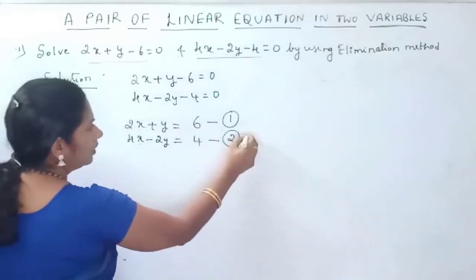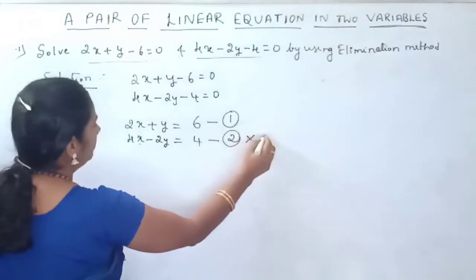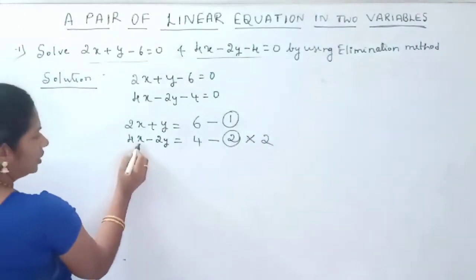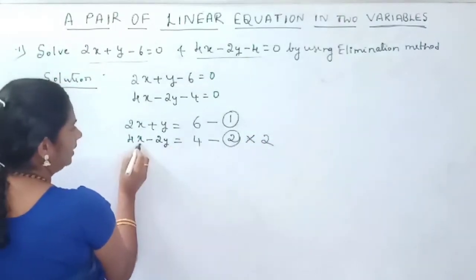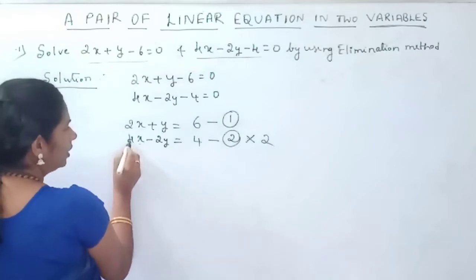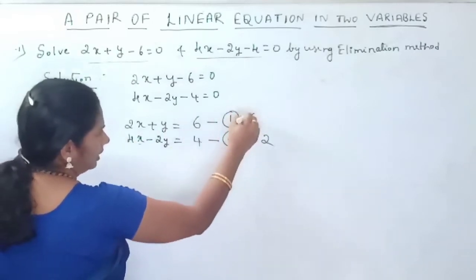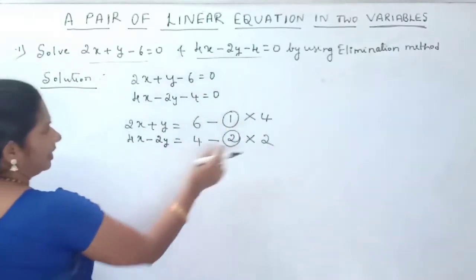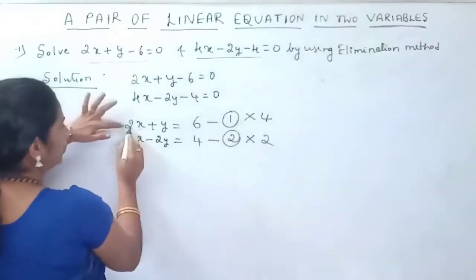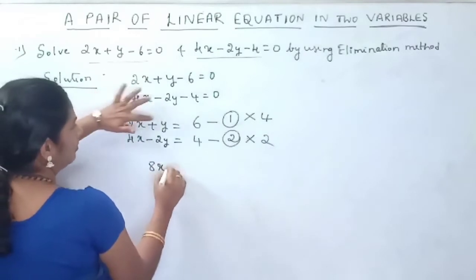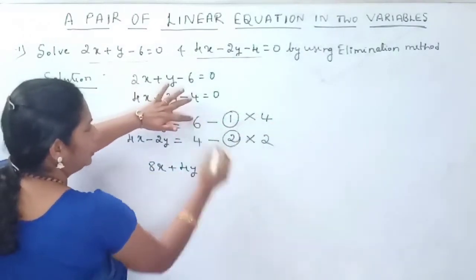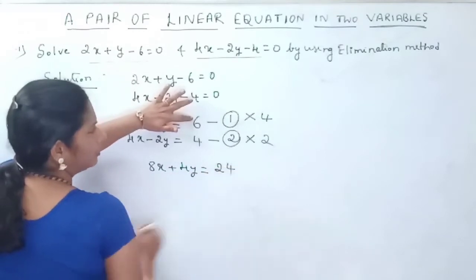What is the coefficient of x here? It is 2. Now this 2 I'll multiply for equation 2. Now what is the coefficient of x in the second linear equation? It is 4. Now this 4 I have to multiply for equation 1. Now let us multiply and write next step. 4 2s are 8x plus 4 into y, 4y equal to 4 into 6, 24.